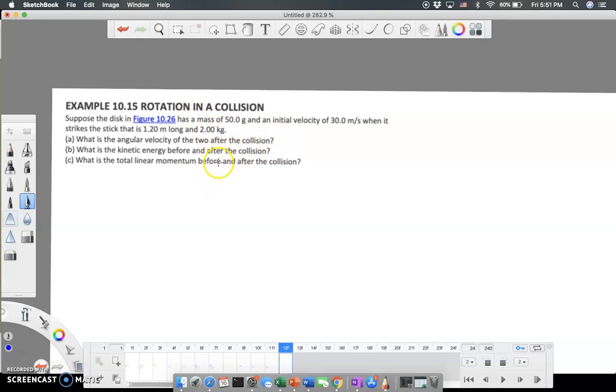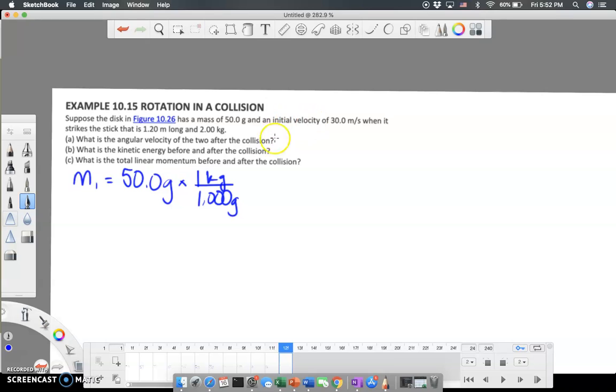So we're going to suppose that the disc we just looked at has a mass of 50 grams. So I'm going to say M1 equals 50 grams. We're going to have to convert that to kilograms, and we can do that right now while we're thinking about it.